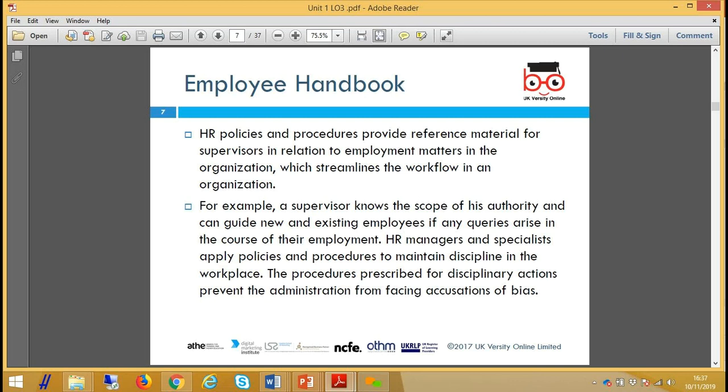So yes, the person maybe stole that money from the company, but if the person takes you to employment tribunal, the tribunal will say, well, you didn't follow the due process. So the employee can win some money against you, damages. Usually an employment tribunal is very hesitant to force an employer to take back an employee.